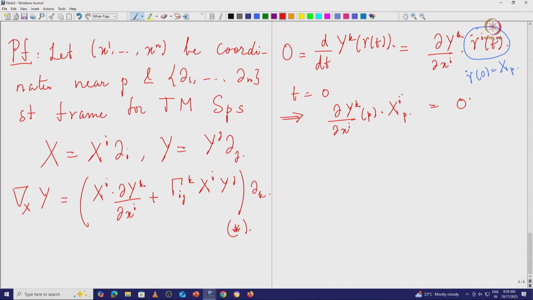Also yk at p is 0, yj at p is 0 for all j.